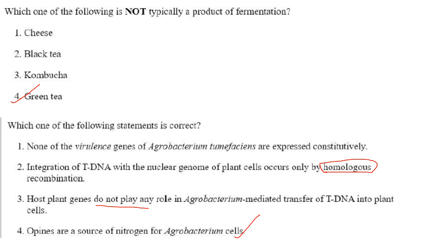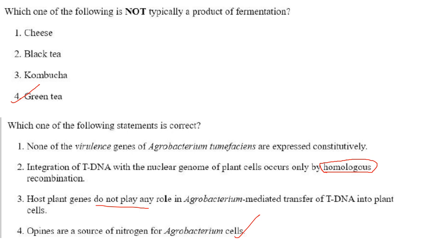No, we have VirA and VirG which are expressed constitutively. So the first statement is not correct. Integration of T-DNA with the nuclear genome of a plant cell occurs only by homologous recombination. It is not by homologous recombination. It is by non-homologous recombination. So B is also not correct.